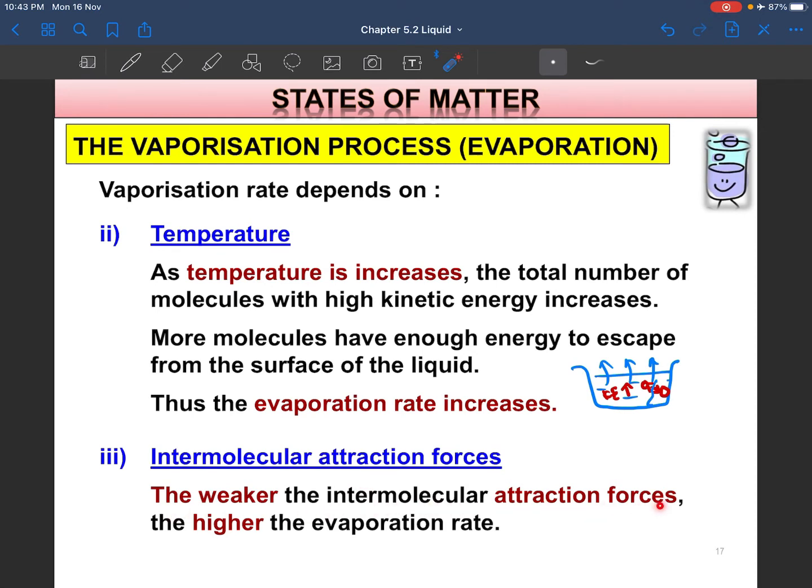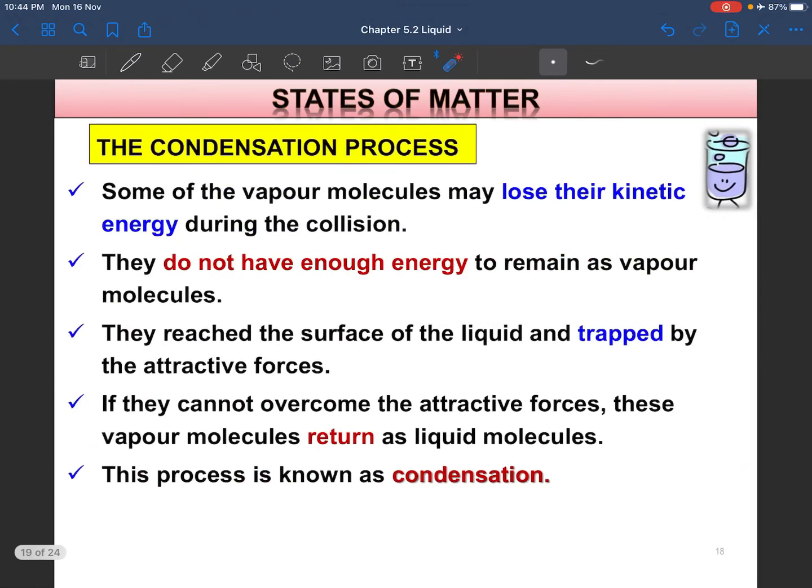The weaker the intermolecular forces, the higher the evaporation rate. So if the attractive forces that hold the molecules together are weak, it is easy to break that attraction. The easier it is to break, the faster the liquid molecules turn into gas or vapor. Okay, and that's it for evaporation. So next we are going to learn condensation.